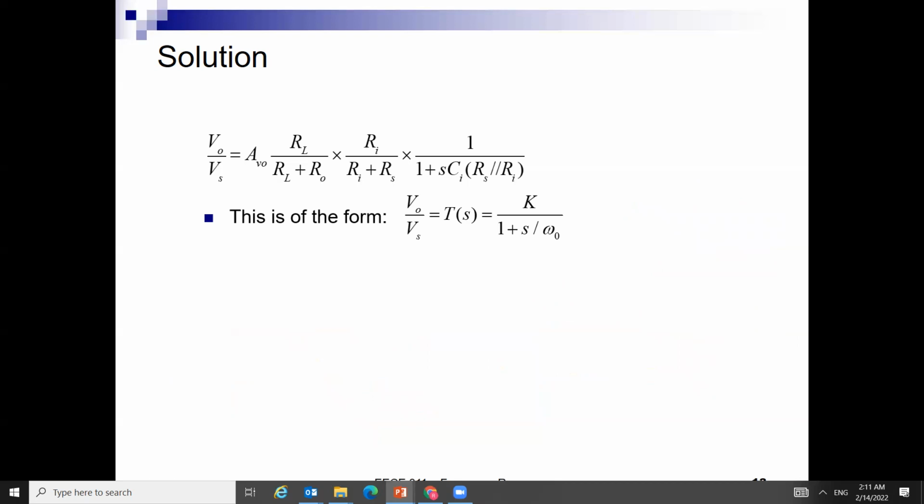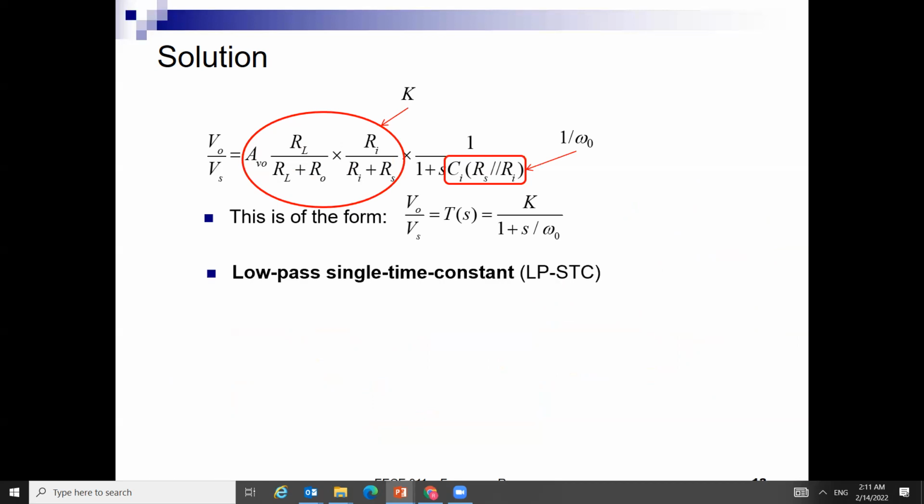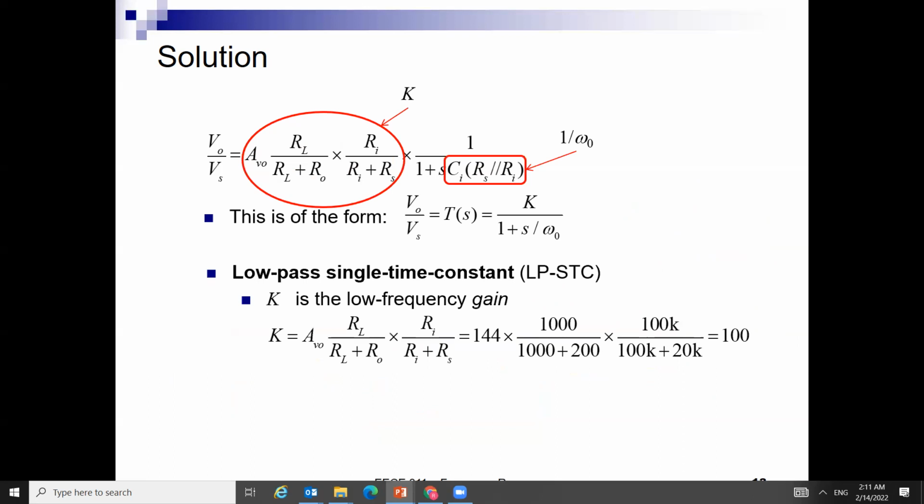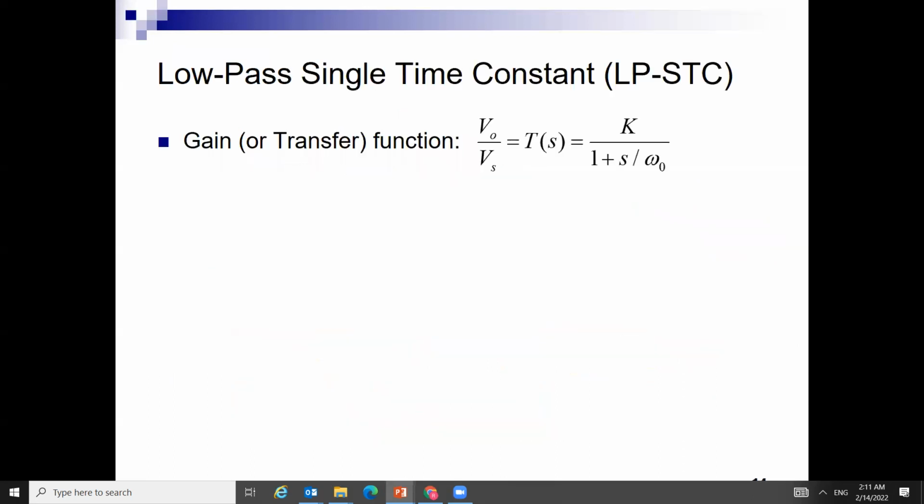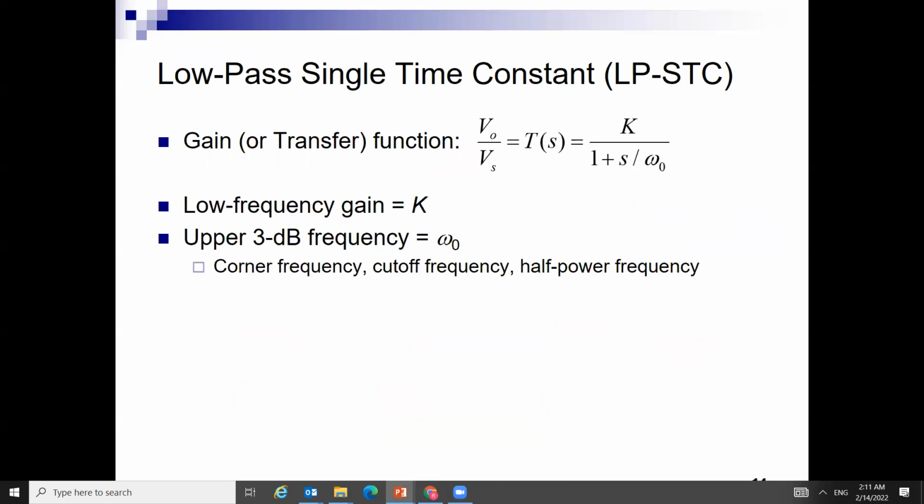So let us now navigate through these slides first to see what they are telling us. As we said last time, this is a low pass single time constant. K is the low frequency gain, and omega 0 is the 3 dB frequency. So the transfer function is characterized by the low frequency gain and the 3 dB frequency.